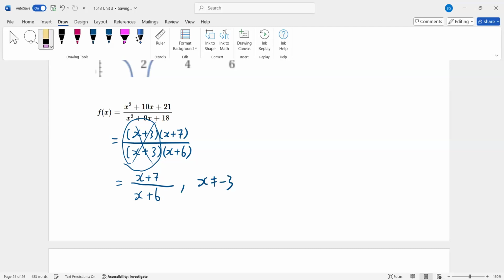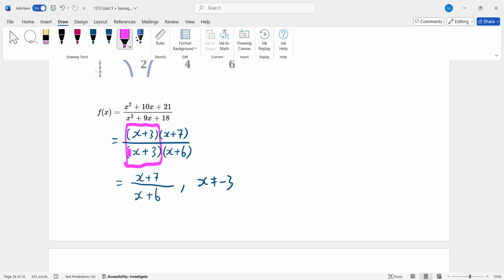We cancel this part, but it doesn't change the fact that negative 3 is not in the domain of the original rational function. So we have to denote x is not equal to negative 3. Very, very important. The function does not have a vertical asymptote at negative 3. It's going to have a hole at negative 3.